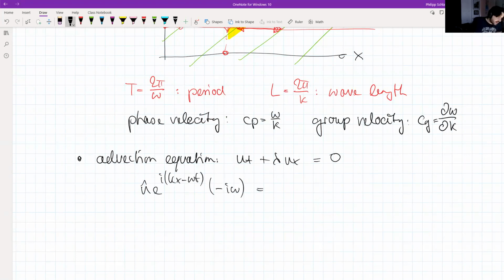And this is equaling minus lambda e to the i(kx minus omega t). And again, I need to do the derivative, so I get an ik here. And of course, now most of the things fall out, and what I'm ending up with is omega is lambda times k.